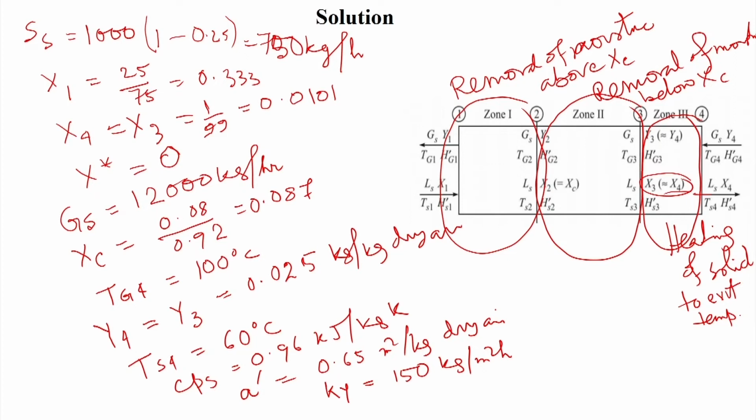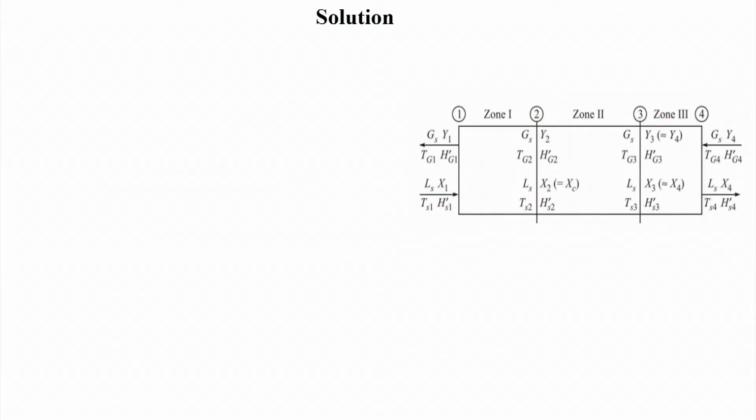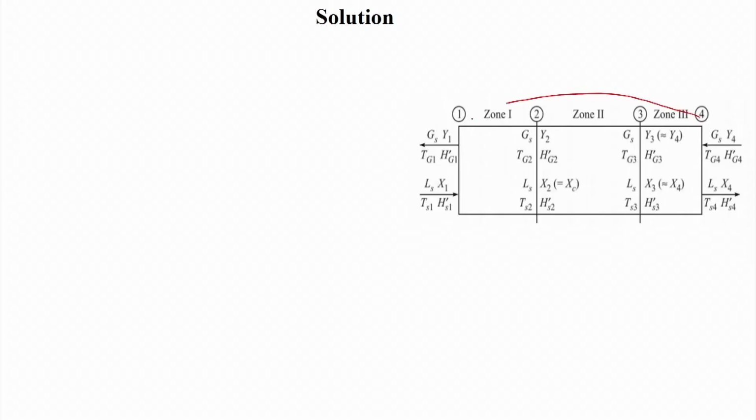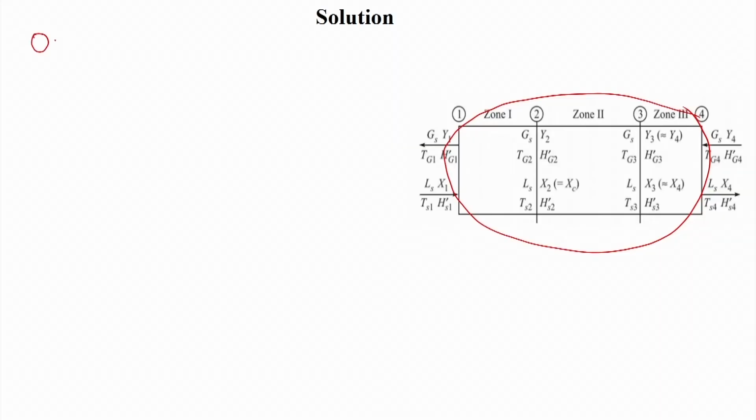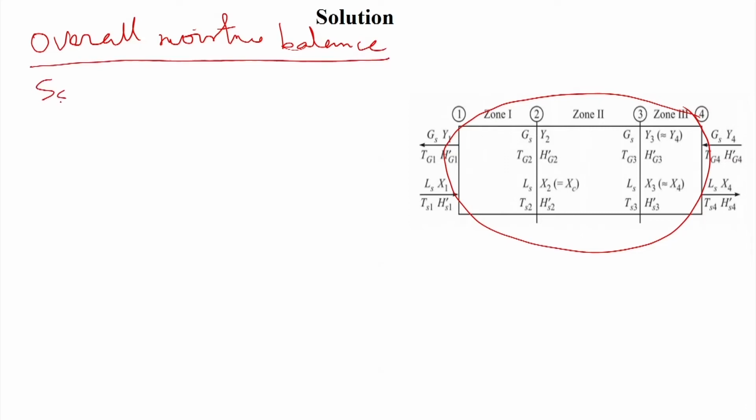We will now do an overall moisture balance across the entire dryer to get y 1, which is the first unknown parameter. So, S s into X 1 minus X 4, where S s and L s are the same, is equal to G s into y 1 minus y 4.